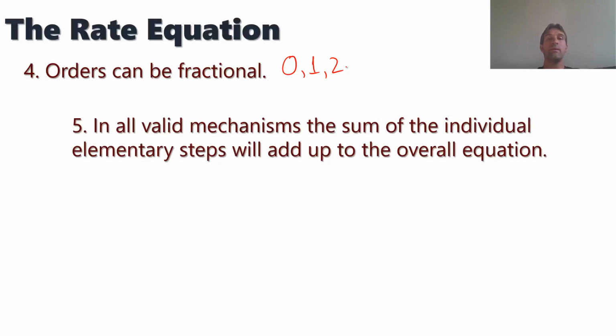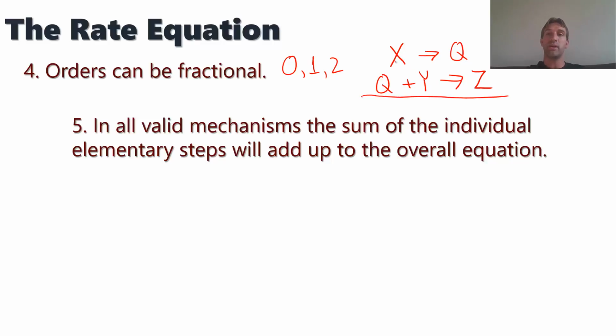In any mechanism, the sum of the individual elementary steps is going to be used to find the overall equation. Now to demonstrate this, if I gave you X turns into Q, and a follow-up step that Q plus Y makes Z, if I were to combine these two equations, we would see that X and Y carry down.